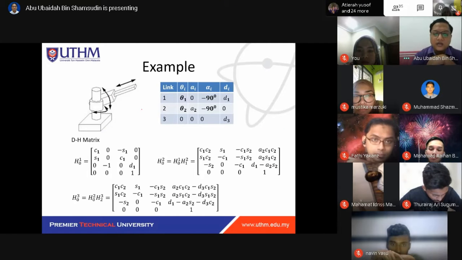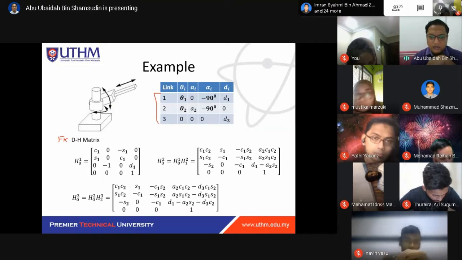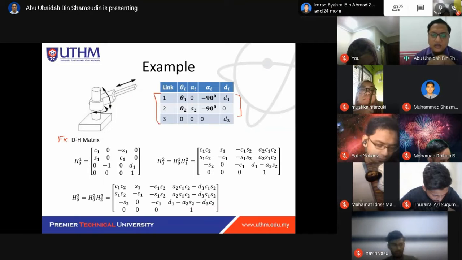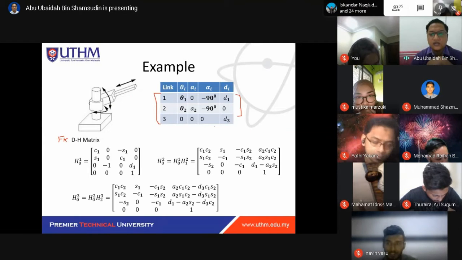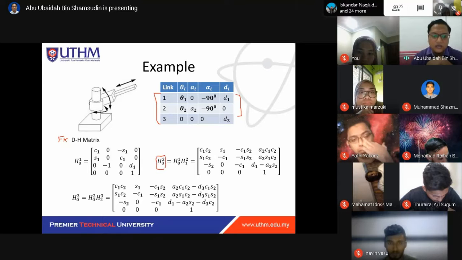Okay, first what we do, we calculate the forward kinematics. This is the forward kinematics. We use Denavit-Hartenberg matrix. Okay, from this table, we can get the matrix for H02 and H03.